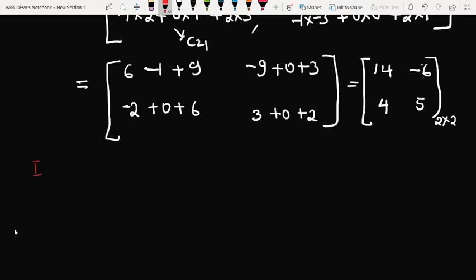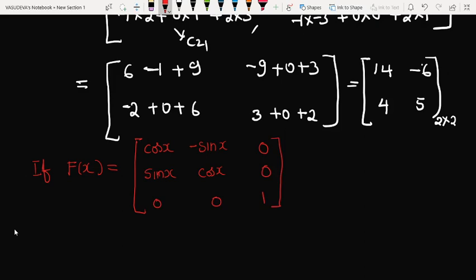If F of x is equal to the matrix cos x, minus sin x, 0, sin x, cos x, 0, 0, 0, 1, then show that F of x into F of y is equal to F of x plus y.